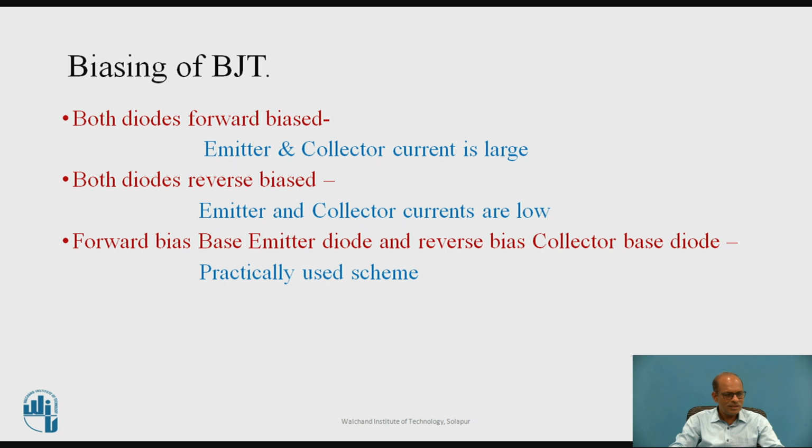Therefore the base emitter junction should be forward bias and the collector base junction should be reverse bias, and the arrow shown in the symbol of the BJT shows the direction of emitter current when base emitter junction is forward bias. So forward bias base emitter diode and reverse bias collector base diode, that is a junction, and this is practically used.